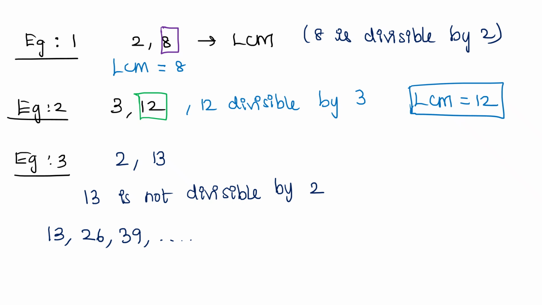You need not write everything. You can conclude here itself that 26 is divisible by 2. We write the multiples of 13, and in that we find 13 into 2, which is 26. That 26 is divisible by 2. So I can conclude that my LCM is 26.